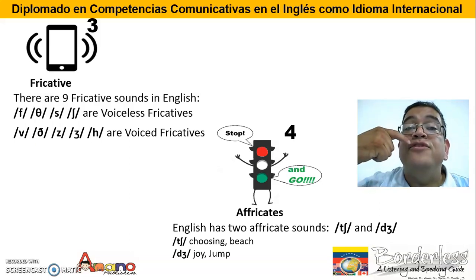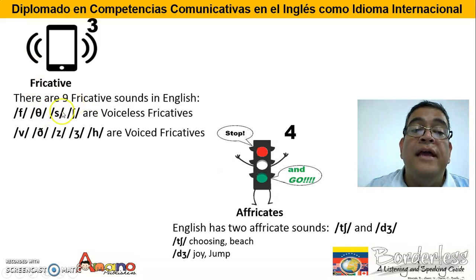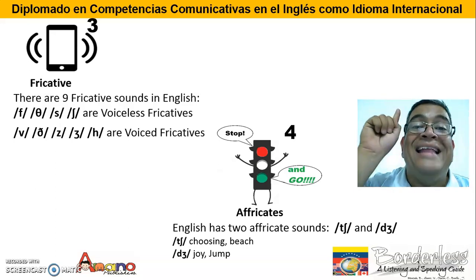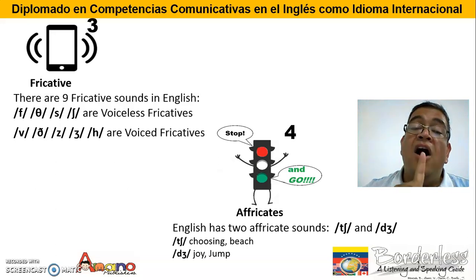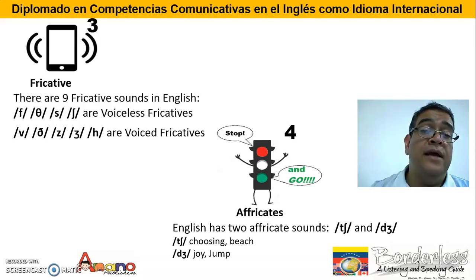In this one, the friction is produced between the tongue and the upper teeth. And this one is the sound produced between the tongue and the hard palate, because we have a hard palate and a soft palate, which is the one that is very close to the glottis, okay?